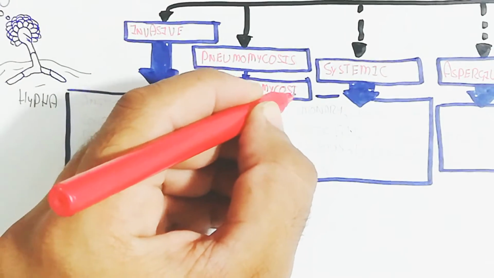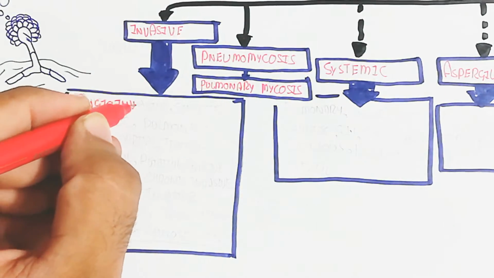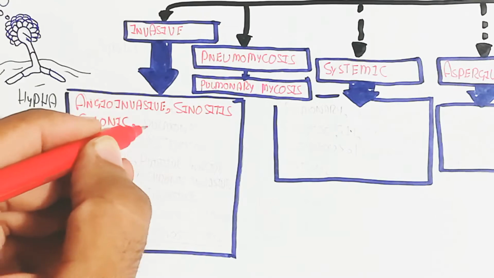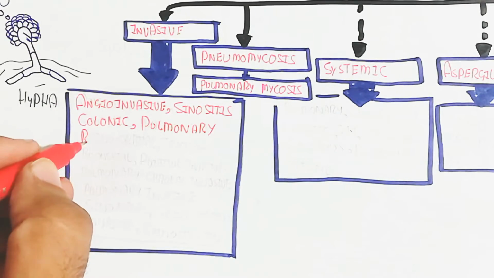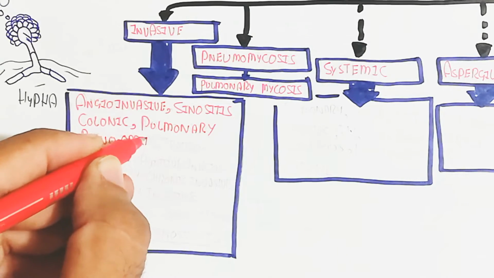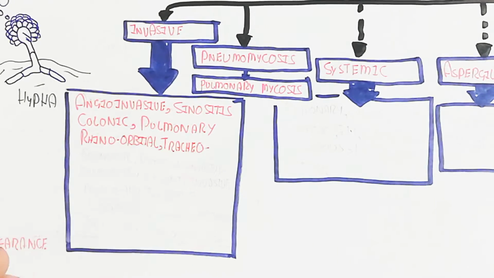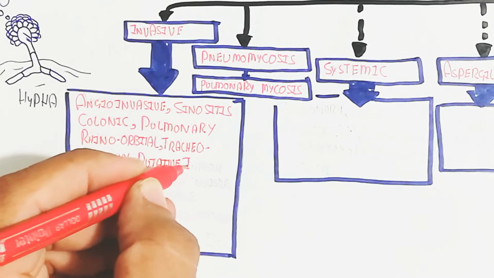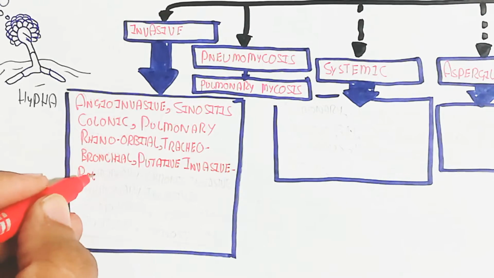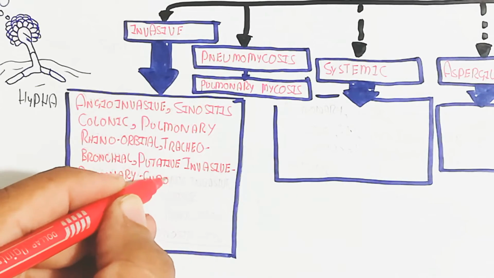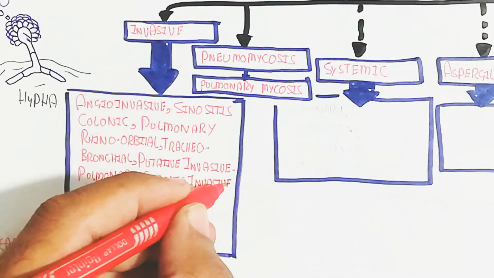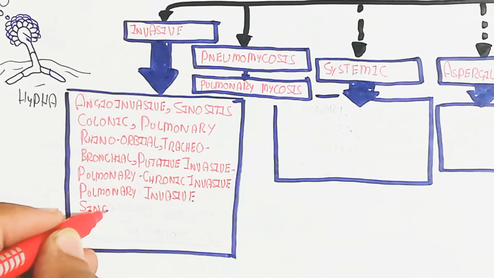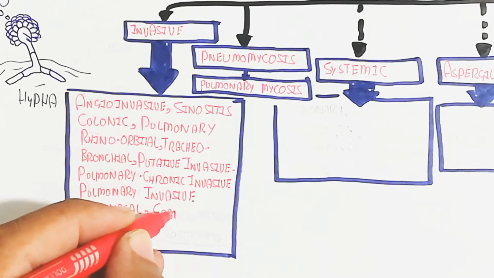The pulmonary mycosis is pneumomycosis, and on the other hand invasive aspergillosis will cause angio-invasive sinusitis, colonic, pulmonary, rhinoorbital, tracheobronchial, putative invasive pulmonary, chronic invasive pulmonary, invasive sinonasal, granulomatous invasive, and rhinosinusitis. All of these types are invasive.